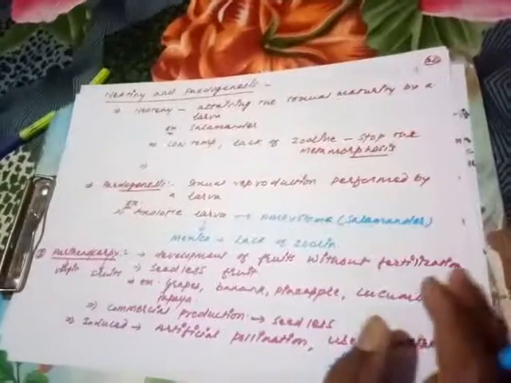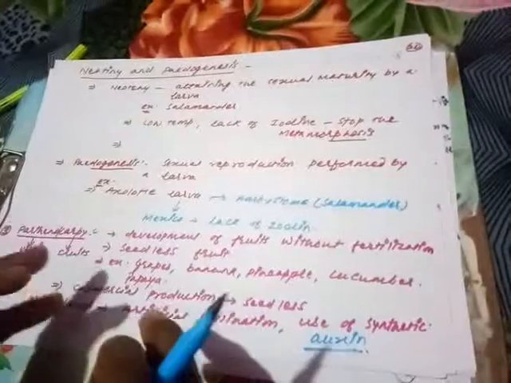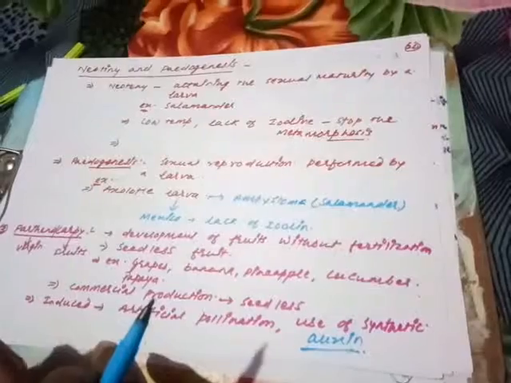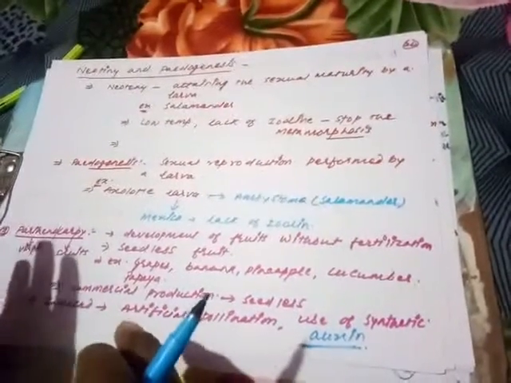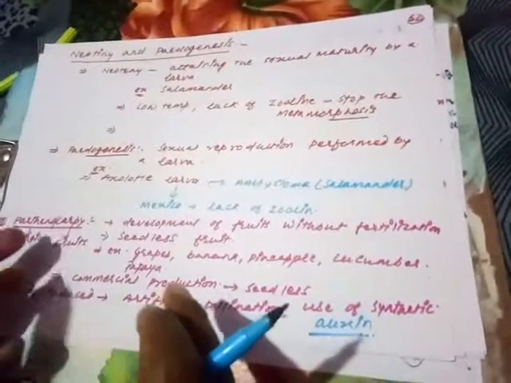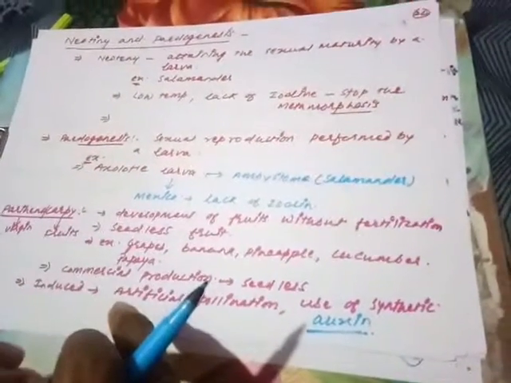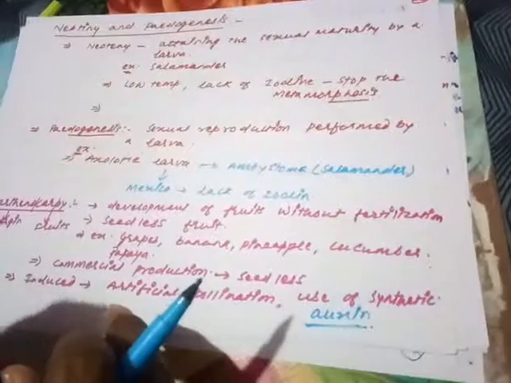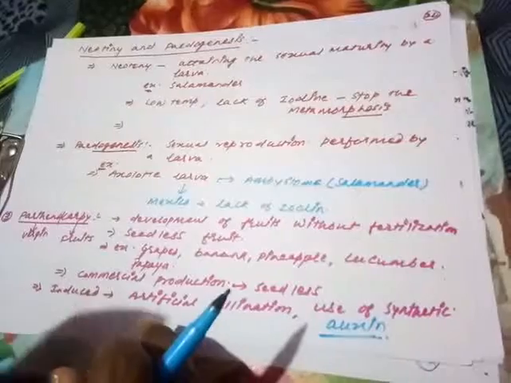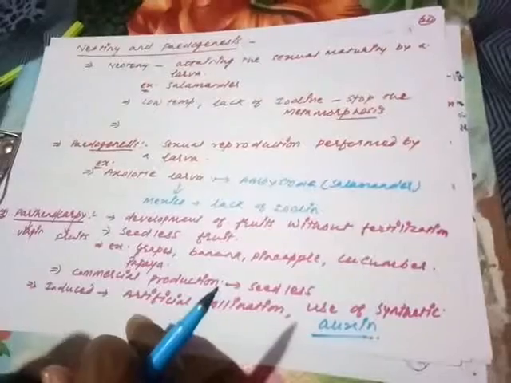So I think you are all very clear about all the specific modes of reproduction, where we have discussed parthenogenesis. Parthenogenesis means development of seed or embryo without fertilization. There are two basic modes of parthenogenesis, natural and artificial. Natural is without involvement of human effort, and there are two types, haplodiploidy and diploidy. In haplodiploidy, haploid unfertilized eggs are converted into males, while diploid fertilized eggs are converted into females.